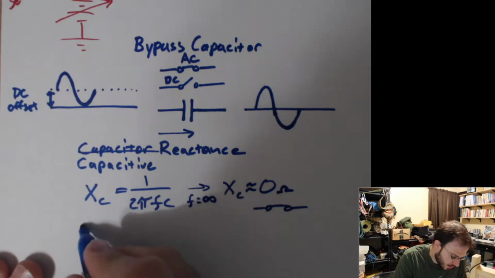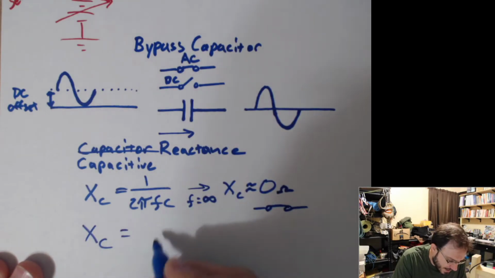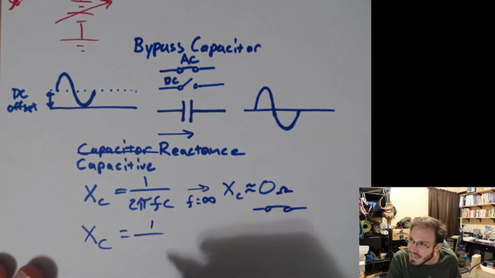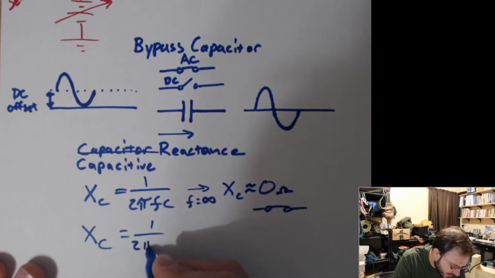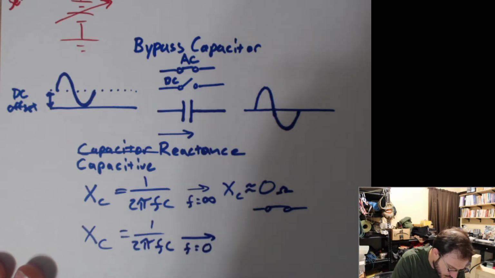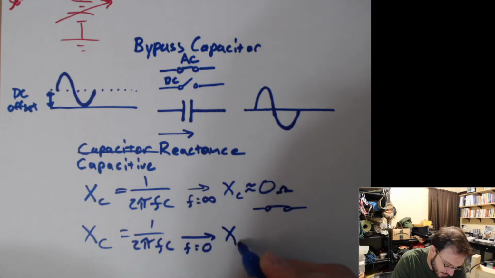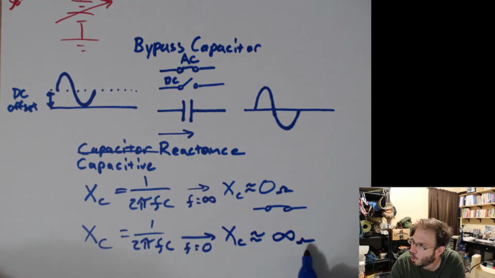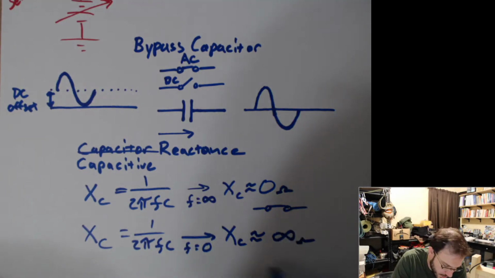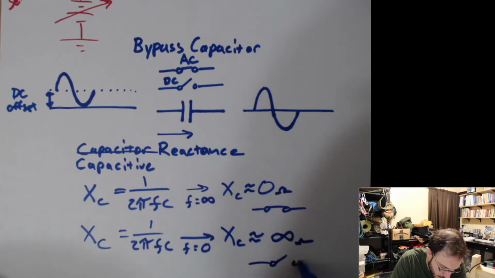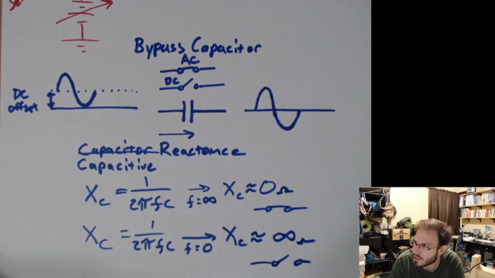Similarly, if I solve capacitive reactance for DC, what's the frequency of DC? Zero hertz. In other words, infinite ohms. Another word for infinite ohms: open switch.